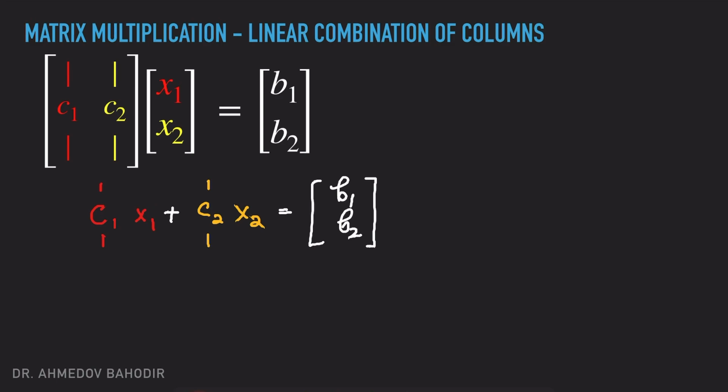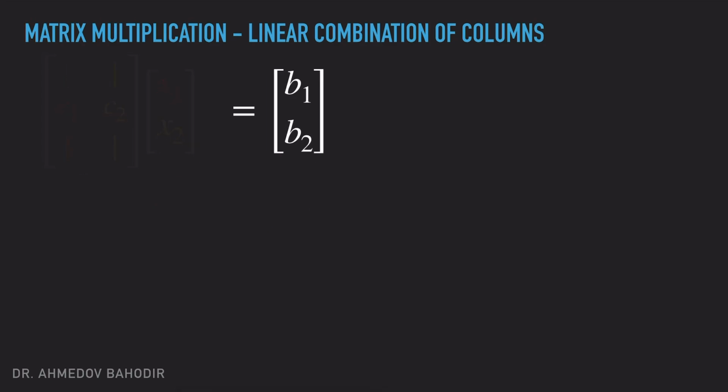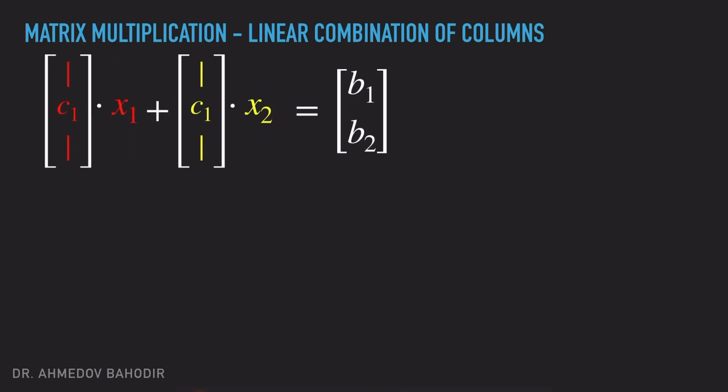Okay? It is really important for us to understand that this multiplication is a linear combination. It helps us understand the solution of a system of linear equations. So essentially, we are saying that the matrix multiplication AX can be written as the linear combination of the columns of A.